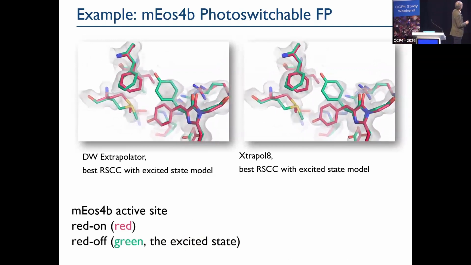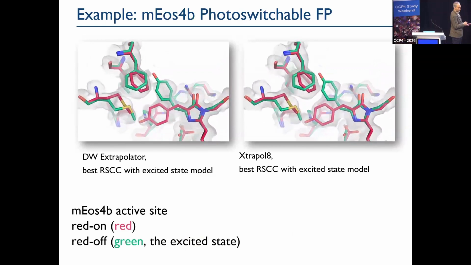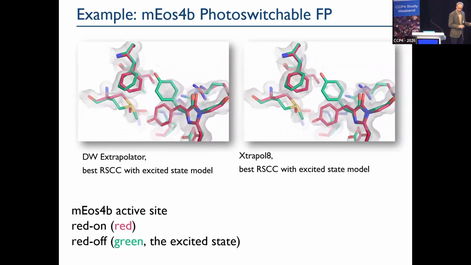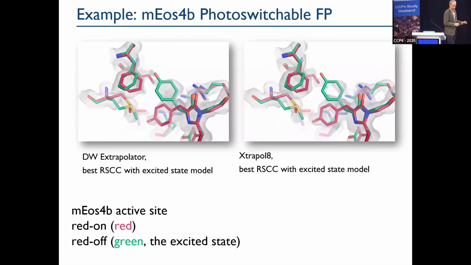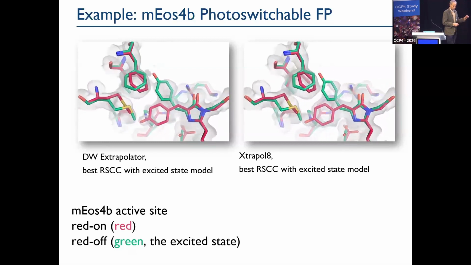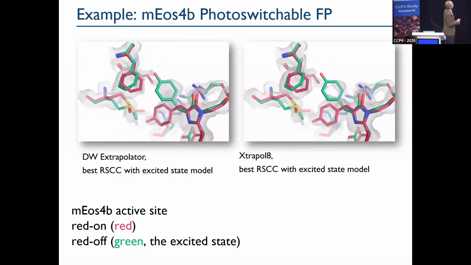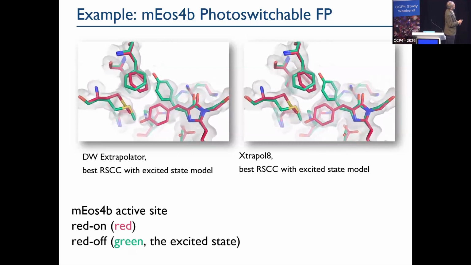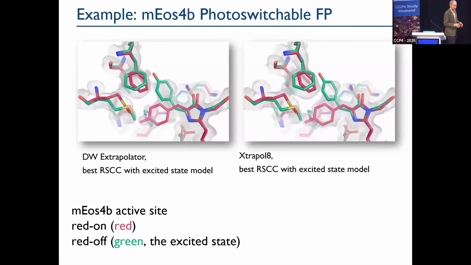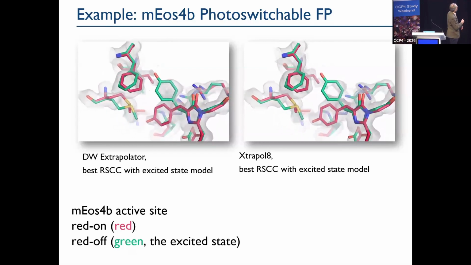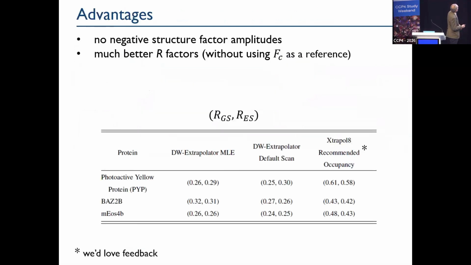We have two adjustable parameters. One is the estimated occupancy of the excited state, and the other is the anticipated correlation between the ground state and the excited state. We can in principle optimize those. We're still trying to come up with the easiest kind of recipe for users to start with.